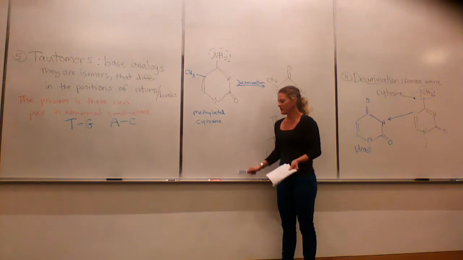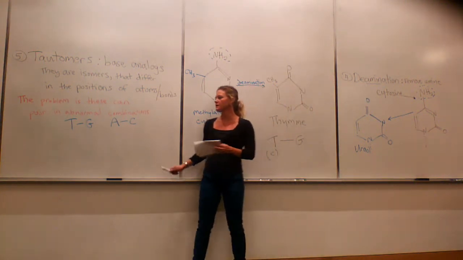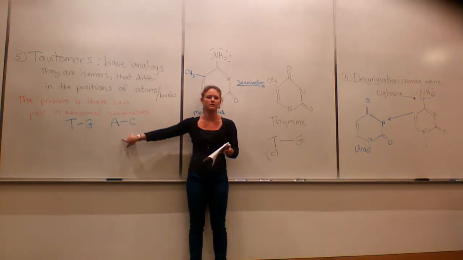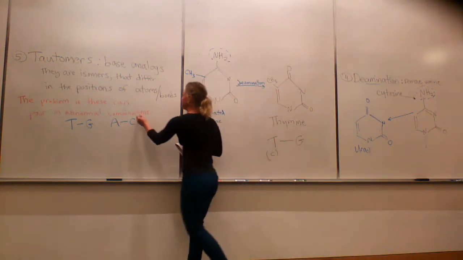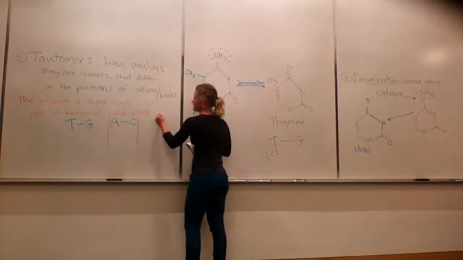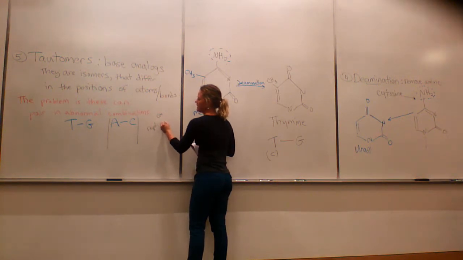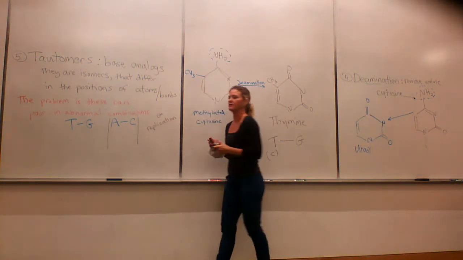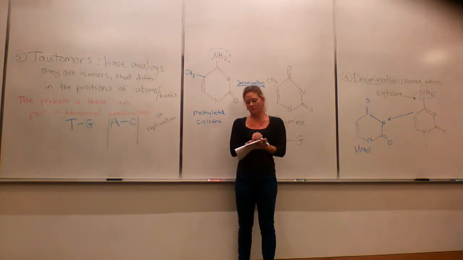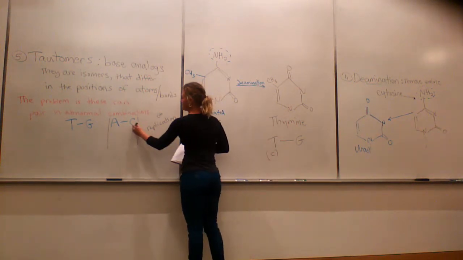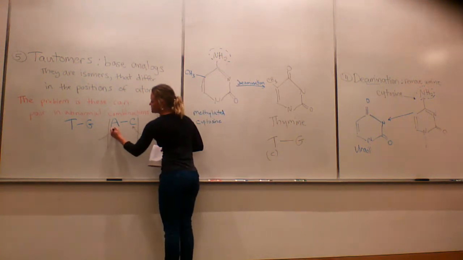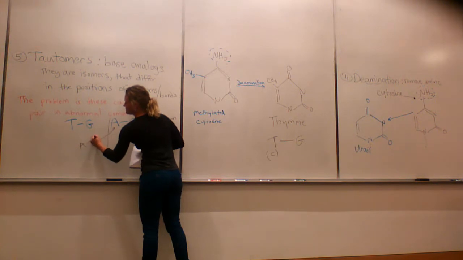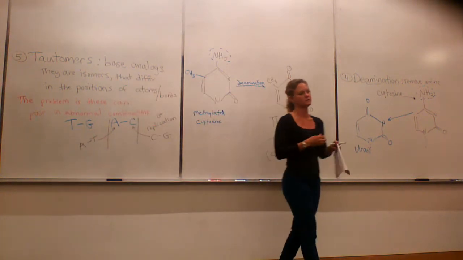So again, what happens at replication is the cell doesn't quite know what the correct structure is, so which base should be inserted. If you have an AC along your strand, DNA polymerase comes along at replication and isn't really sure whether we should make this into a GC pairing, or, in terms of repairing it and replicating it correctly, should it be an AT or a CT pairing?